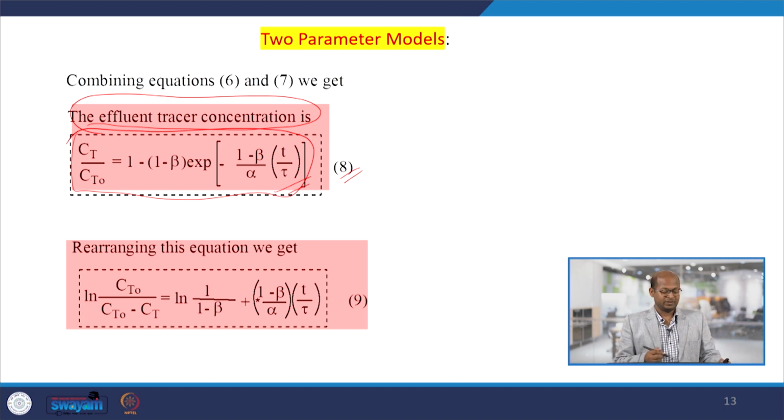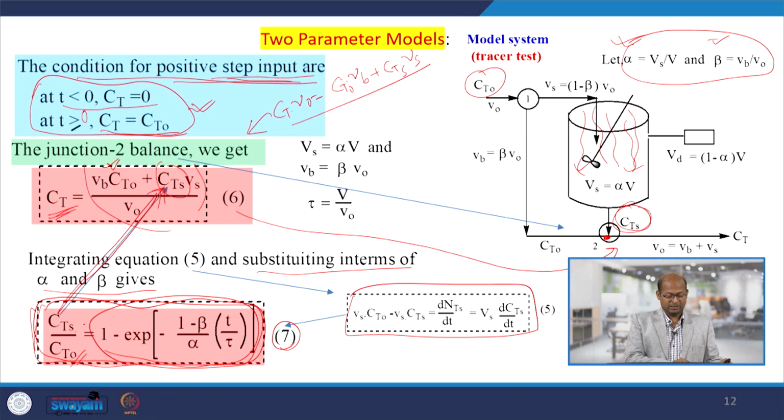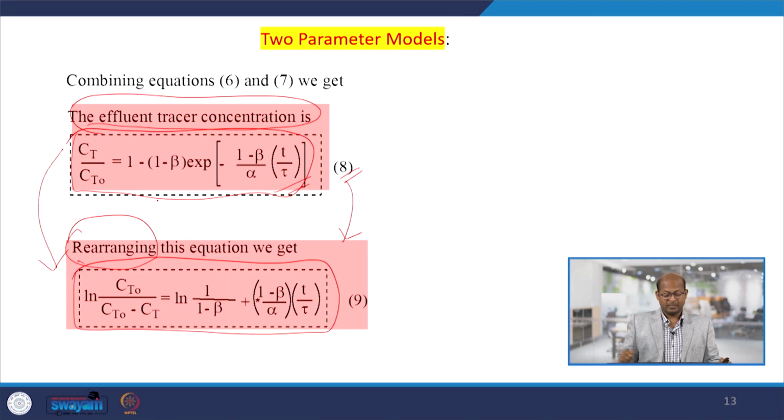Once we rearrange equation 8, we get equation 9. Both are the same, we are just rearranging. Equation 8 we get after substituting Cts from this. Okay, so now we have equation 9.